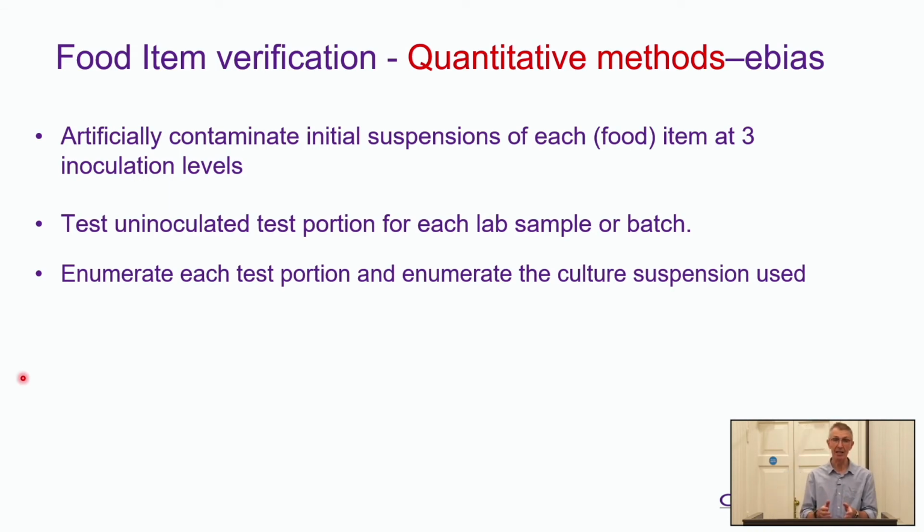Your comparator is the number of organisms that was in the suspension that you used to inoculate the samples. So that's your comparator. So what you're doing is comparing the results that you've got from using the test method of inoculated foods back to how much did I actually put in the foods to start with.